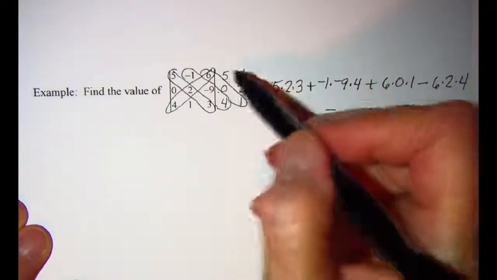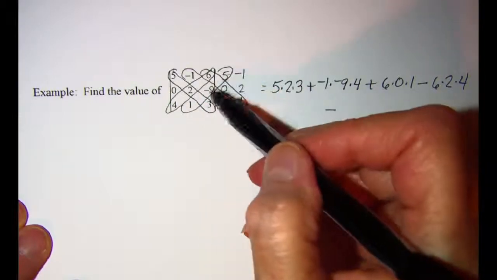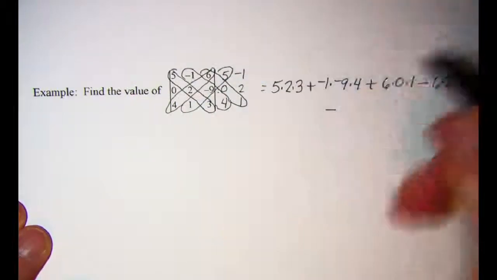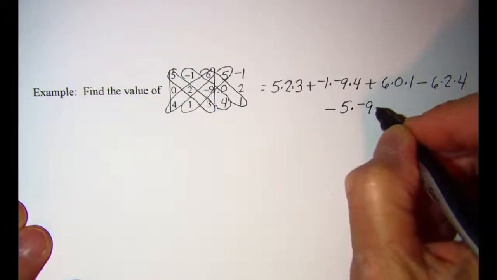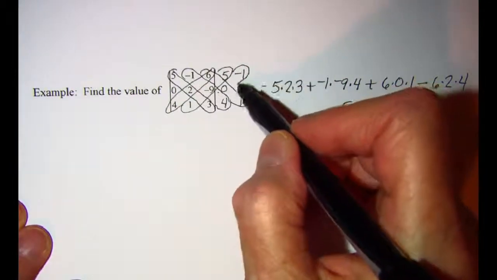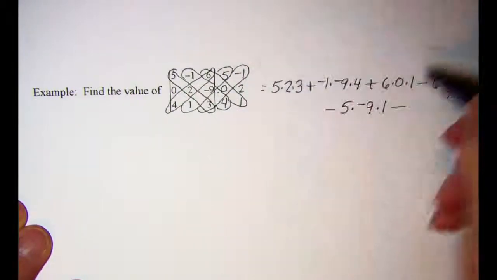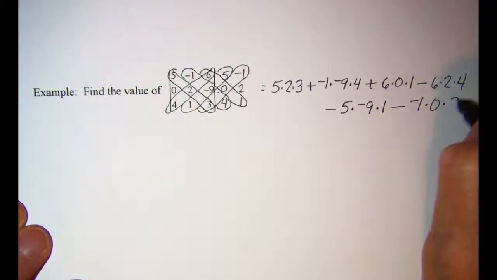Subtract this diagonal. 5 times negative 9 times 1. Subtract this diagonal. Negative 1 times 0 times 3.